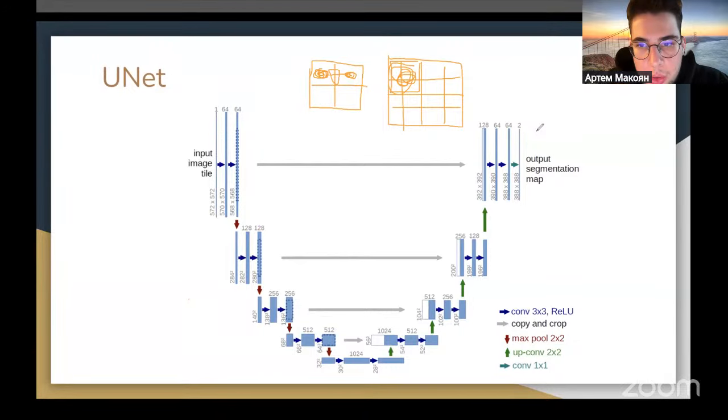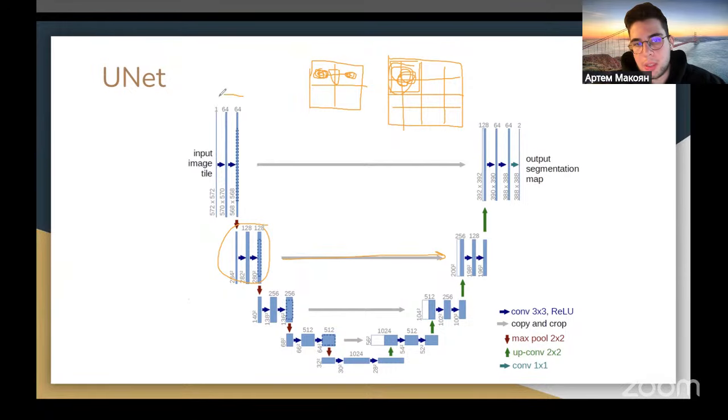So to get this information back, after upsample we take the corresponding tensor and stack it to our current tensor.